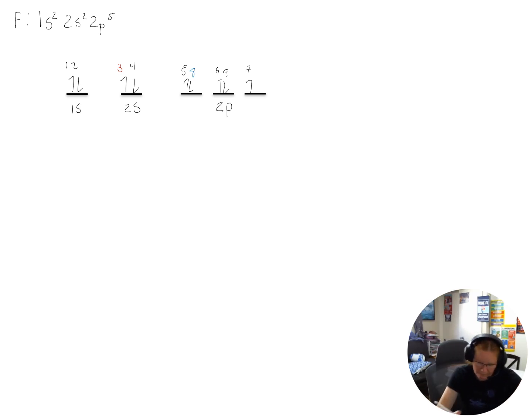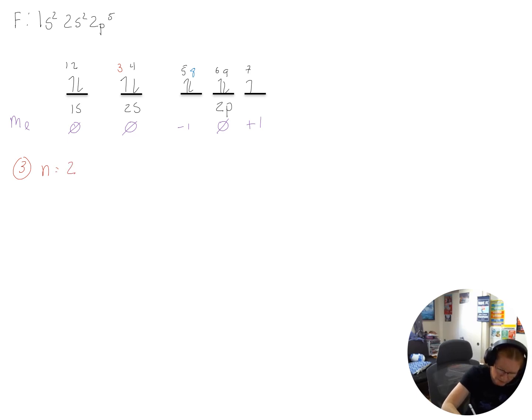We'll do our m sub L's. For 3, we get n equals 2, L equals 0, m sub L equals 0, m sub S equals +1/2. For 8, you should have gotten n equals 2, L equals 1, m sub L equals -1, and m sub S equals -1/2.